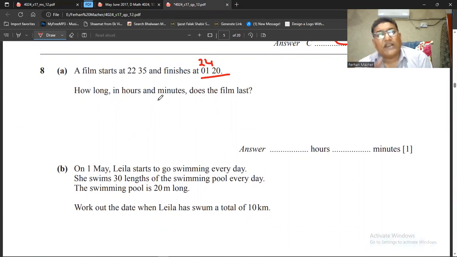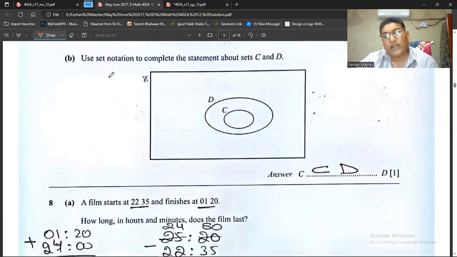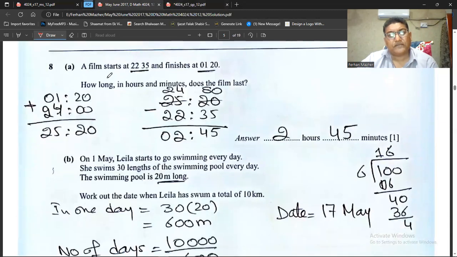From 25:20, I will subtract 22:35 and I will be able to calculate the duration of the film. So from 25 hours, 20 minutes, I will subtract 22:35. Because from 20 minutes I cannot subtract 35, from hours I will borrow 1 hour.